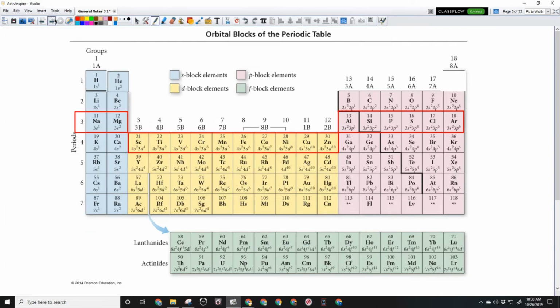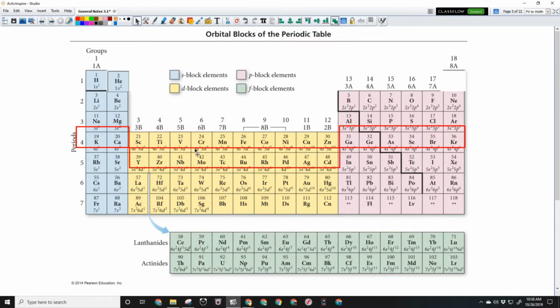All right. So on this one, the 4th energy level, we have an S, a P, and a D. Again. Except on the fourth energy level, it also adds in the F. So this F, this first row of Fs, is also considered to be the fourth energy level.